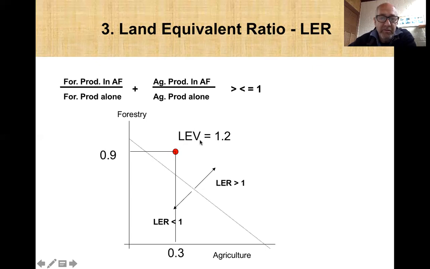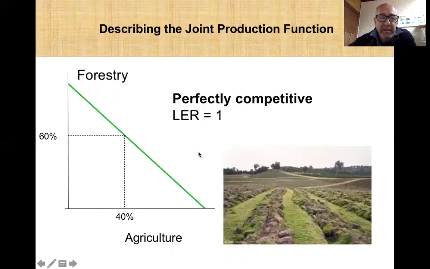Say this might be the Stewart example. Oh no, this is a forestry example. 90% forestry, 30% agriculture, a land equivalent ratio of 1.2. So they've reduced their forestry production by 10%, but in doing so, we're able to increase their agricultural production 30%. This might be grazing in amongst the trees or something like that.